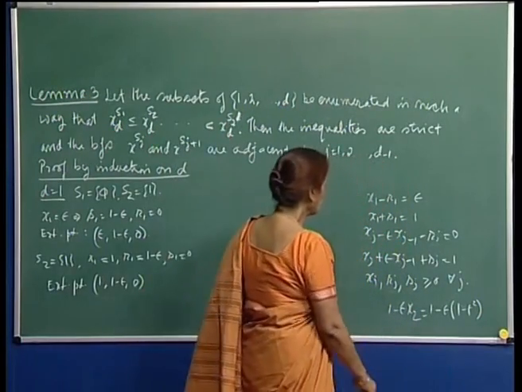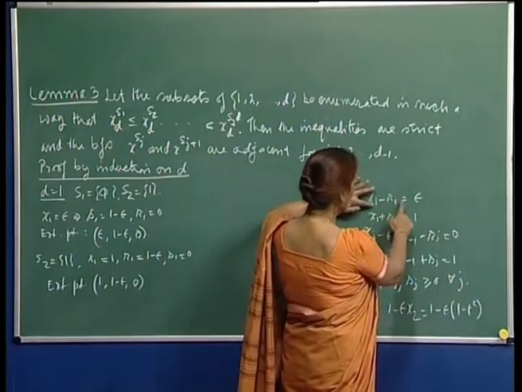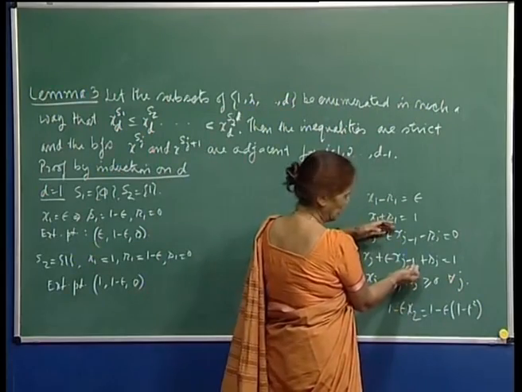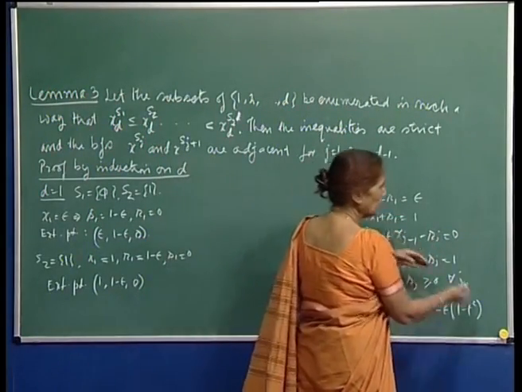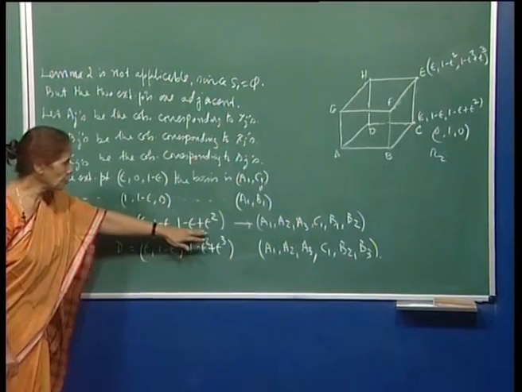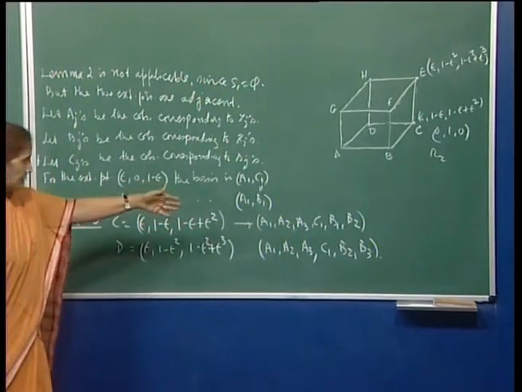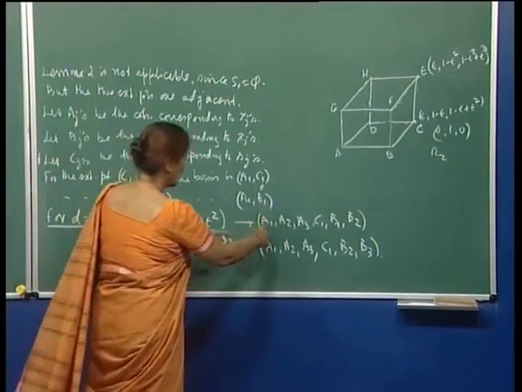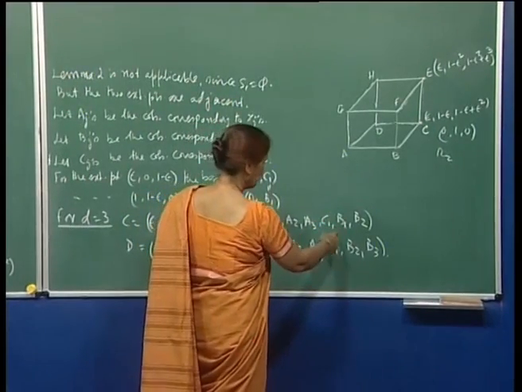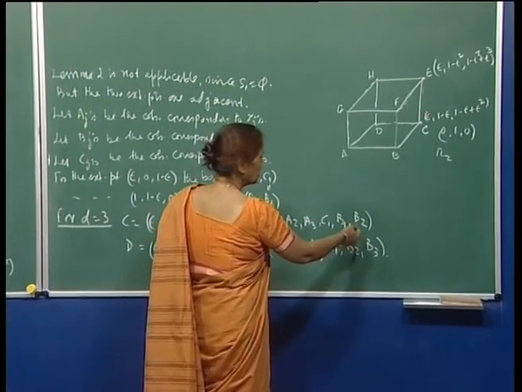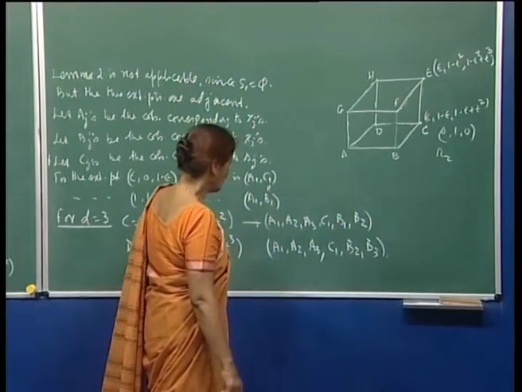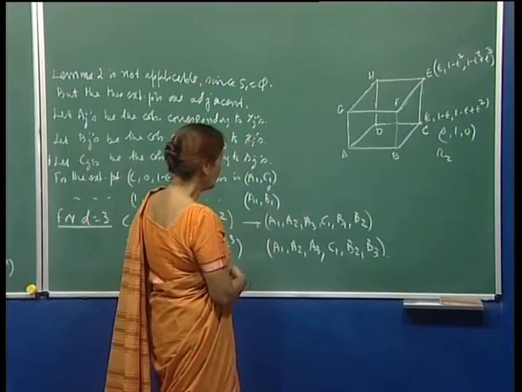So, if R1 and R3 are 0, then you have x1 equal to epsilon, right, and then from these two again you can just solve, and we have done this exercise already. So, this will be the corresponding, because I am just showing you the 3 coordinates, not the r1, that of course you can fill up. So, then the corresponding basis will be A1, A2, A3, and then C1, B1 comma B2, and here R1 is 0.